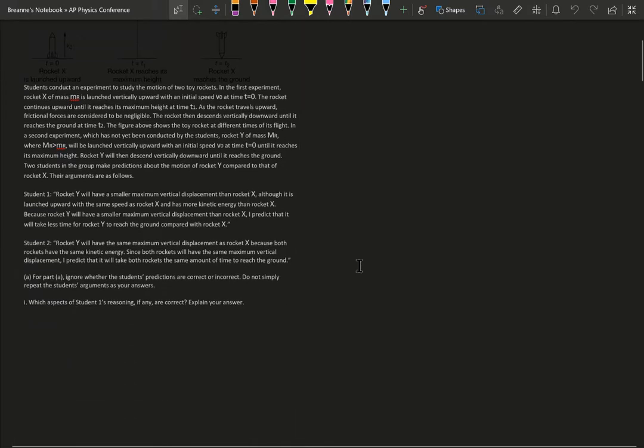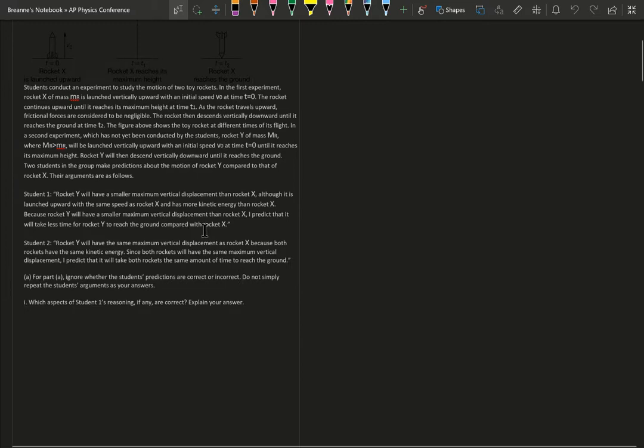So students conduct an experiment to study the motion of two toy rockets. In the first experiment, rocket X of mass m_r is launched vertically upward with an initial speed of v naught at time t0. So that's this first little picture here. The rocket continues upwards until it reaches a maximum height at time t1. This is this picture here.